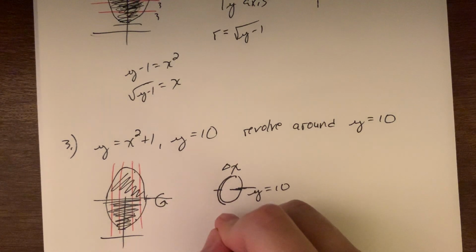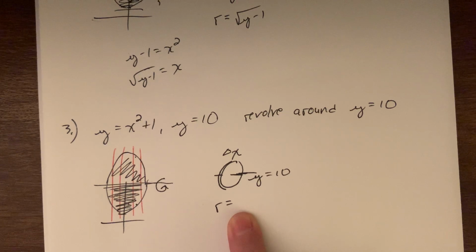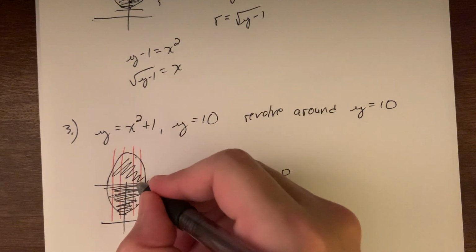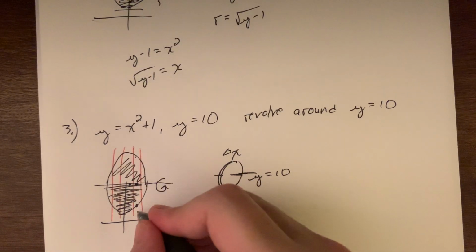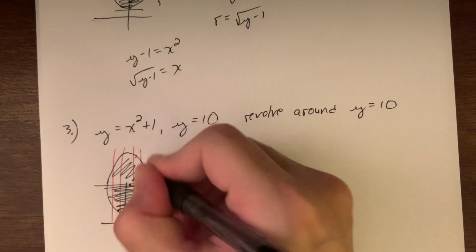Again, it's still a disk, so I just need r. But do you see r in this picture? There's a lot of ways to look at it, but to use the original picture before we revolved, r would be here to here, not here to here.